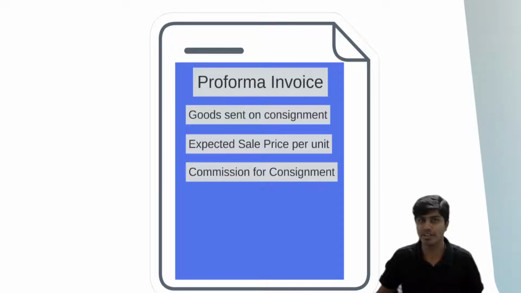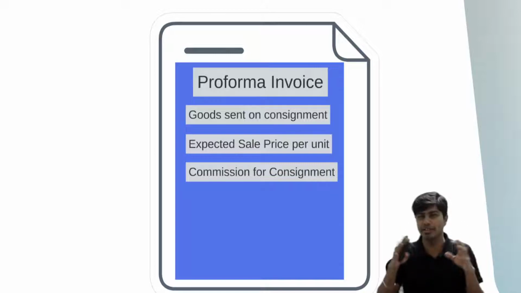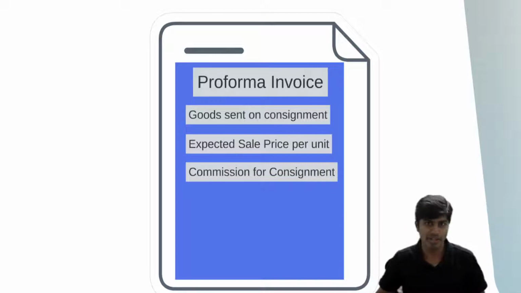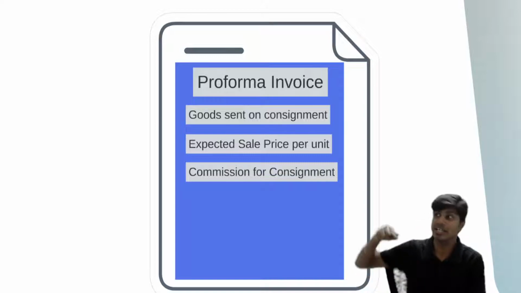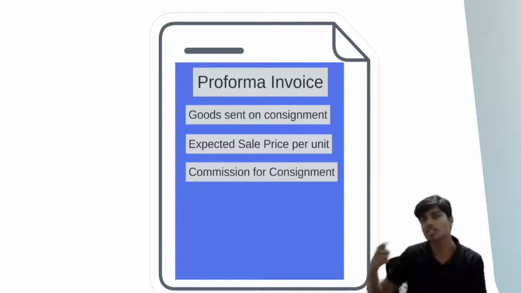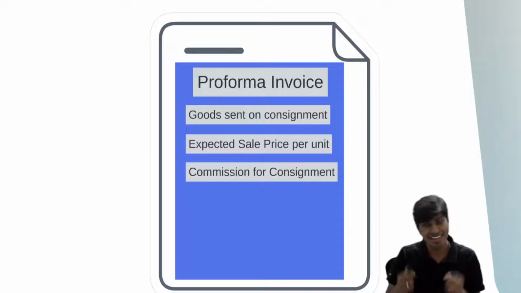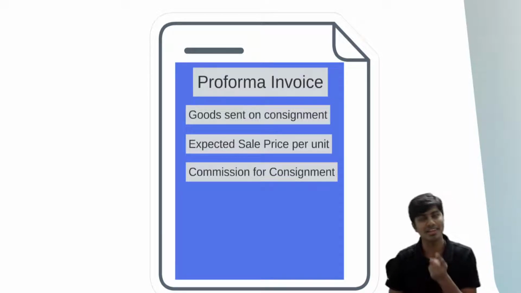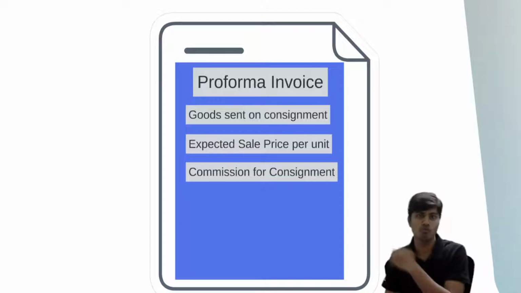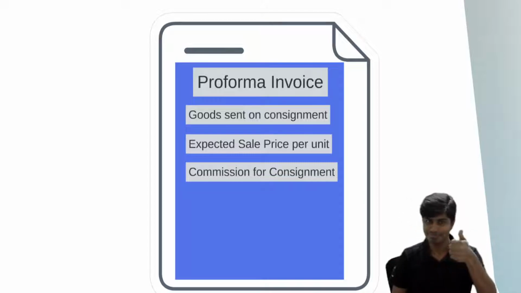And I don't get to say that your reward will be magical, imaginary, that I'll tell you later. No, you can't do that. You have to tell him upfront how much commission he will be entitled to for the sale of this. It has to be pre-agreed, written upon, and duly signed by both. So in the proforma invoice, the consignor will state what commission the consignee will be entitled to for the sale of these goods. Got it?